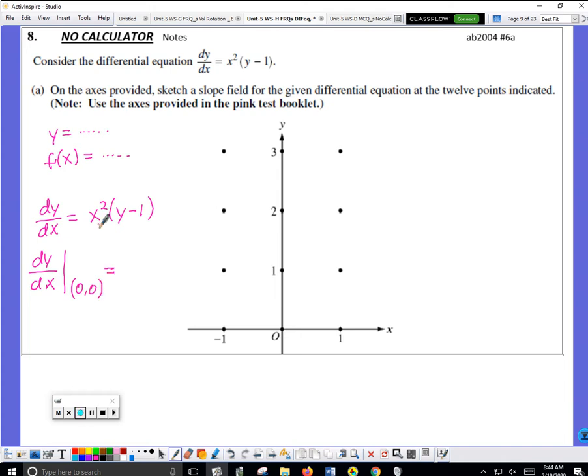According to this formula, we would put in 0 for x and 0 for y, and we would find that the slope at that point is -1. That's what the differential equation is telling you. The differential equation is a formula for computing the slope of some other curve.